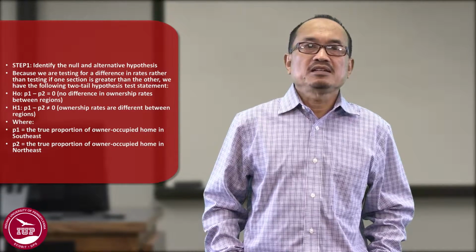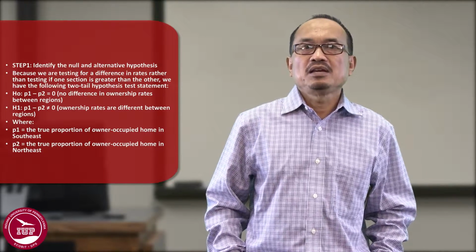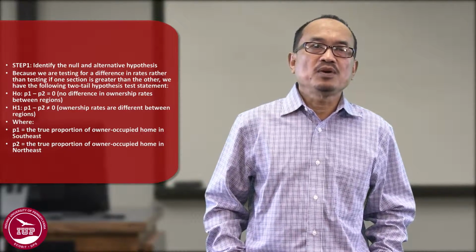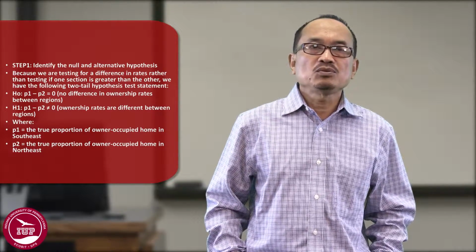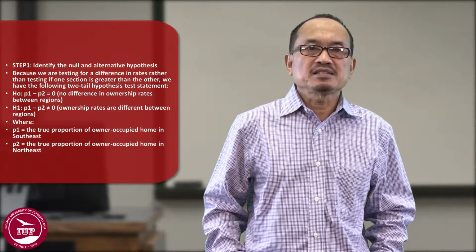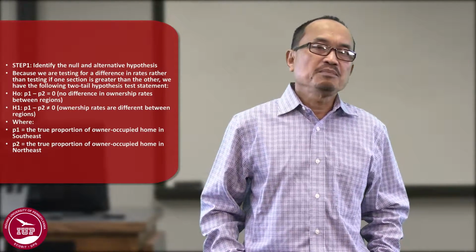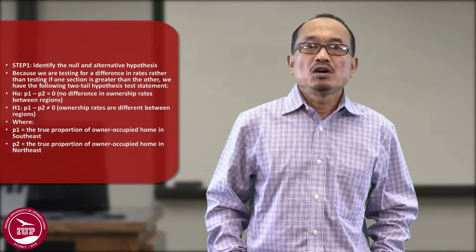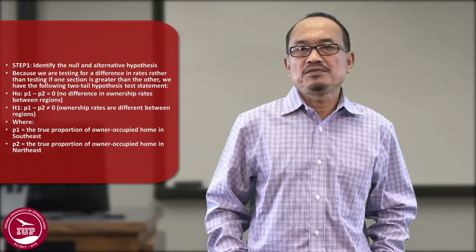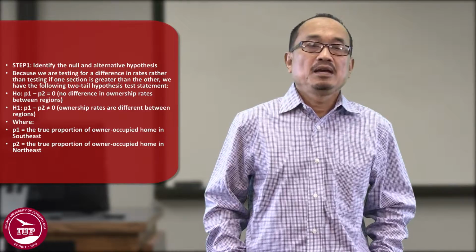Because we are testing for a difference in rates rather than testing if one section is greater than the other, we have the following two-tailed hypothesis test statements. Null hypothesis, P1 minus P2 equal to 0, or no difference in ownership rate between regions.